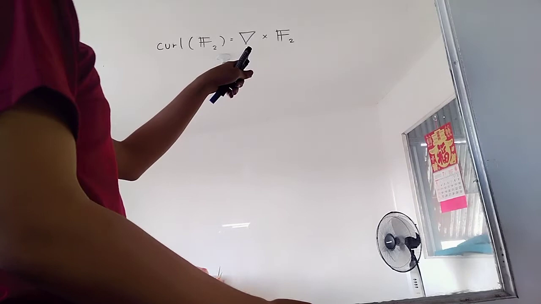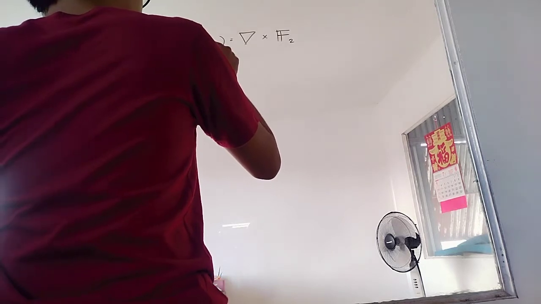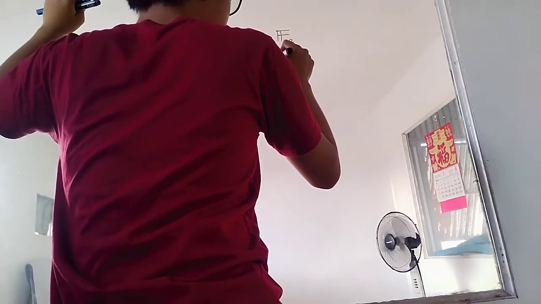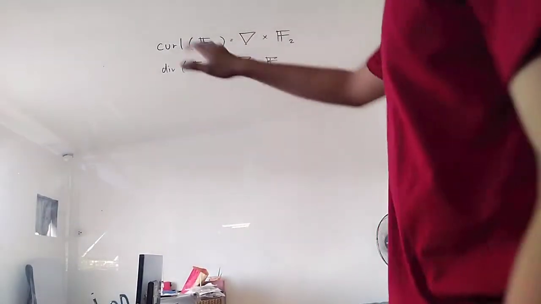You guys remember our Laplacian operator of order 1, of course. And then our divergence of F2 is just the dot product. And these are evaluated at points.